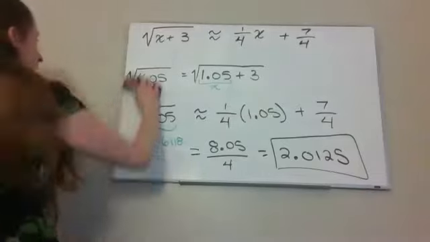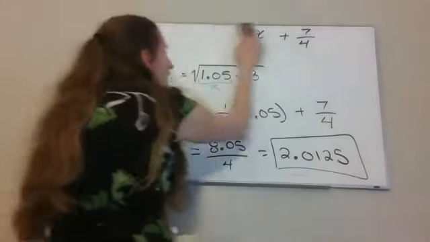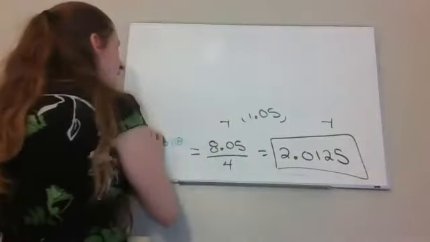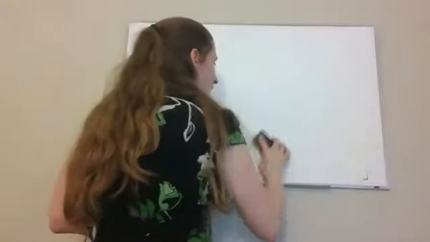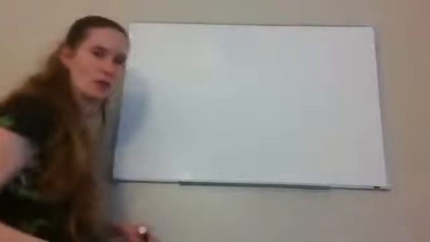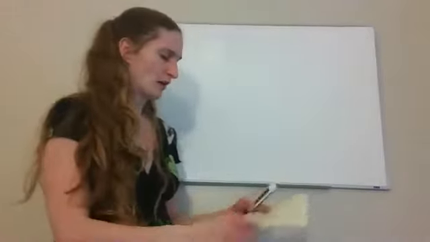All right, so we've done an example finding a linearization and showed how using that linearization we can get values that are very close to the actual value of the function. Let's do one more example of a linear approximation.